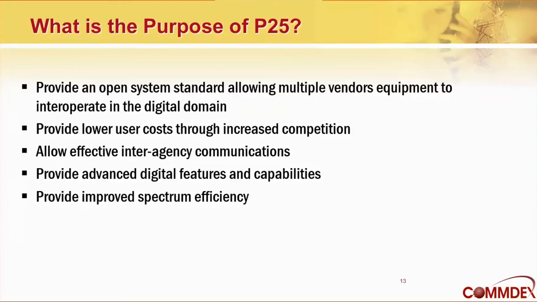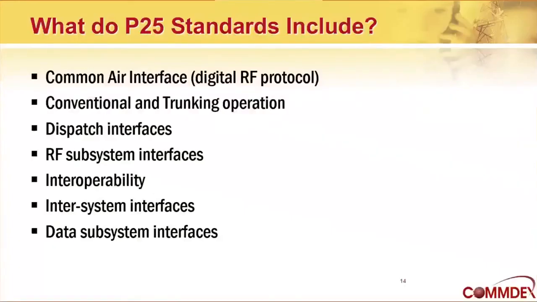So what's in the standards? There are different documents. We talked earlier about the Common Air Interface, the very basic level non-infrastructure interoperability parameters. But then taking that to the next level, you have to talk about conventional systems, how do they interoperate? Trunk systems operate. Some of the things we talked about: what's the control channel data rate? And what's the control channel signaling protocol? Dispatch.